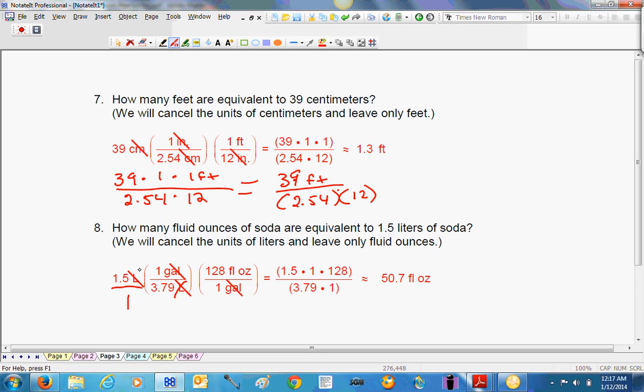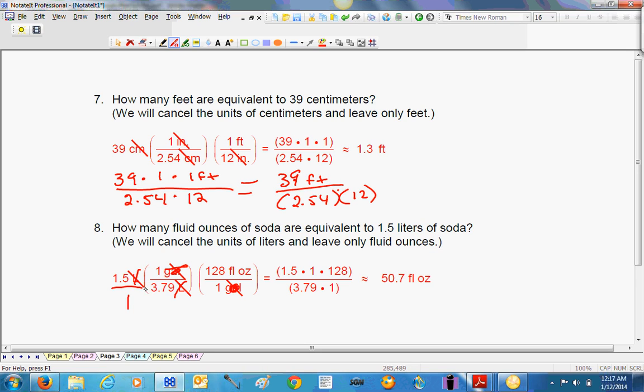They're gone. We're left with 1.5 times 1 gallon. But that's not going to help us with fluid ounces. So we need to go to our math chart, and we can see that is 128 fluid ounces to 1 gallon. So now the gallons take a plunge. They're gone.